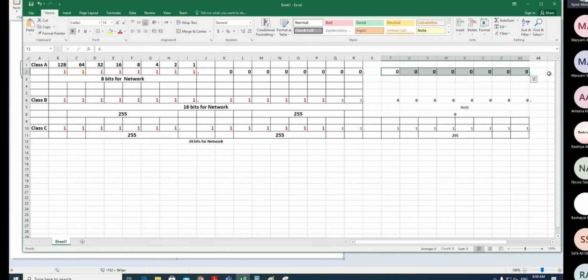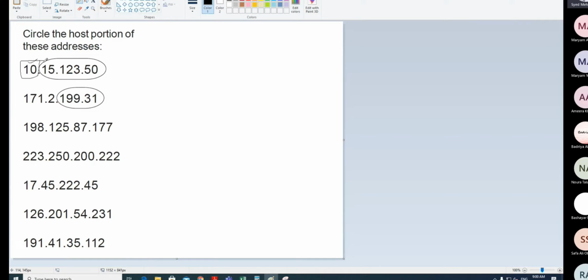So these three octets are the host portion of this address.